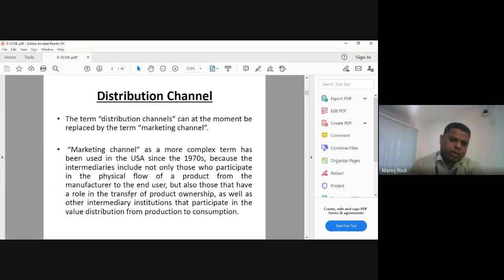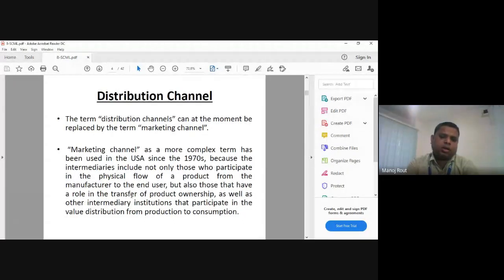Now moving to the next one. In the case of distribution channels, the term distribution channel can be replaced by marketing channels. Though these are very much equivalent terms, marketing channel is a more complex term used in the US during the 1970s, because the intermediaries include not only those who participate in the physical flow of product. For example, who are the participants?